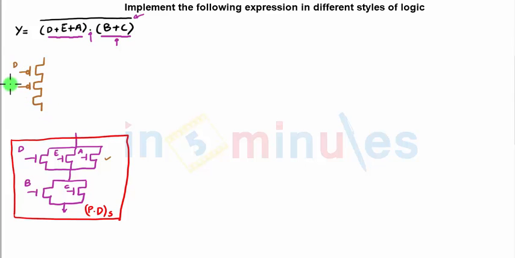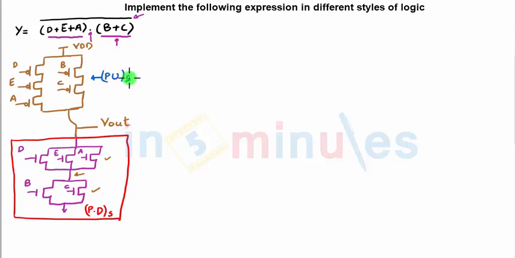So this is D in series with E in series with A. Now this entire set of three transistors in the pull-down network is connected in series with B parallel to C, so in the pull-up network it will be connected in parallel, and they are connected in series to B in series with C. So B, C are connected in series, in parallel with the D, E, A branch. This is nothing but my VDD, and in between my pull-up and my pull-down network is nothing but my output, Vout. So this is nothing but my pull-up network for my static logic.